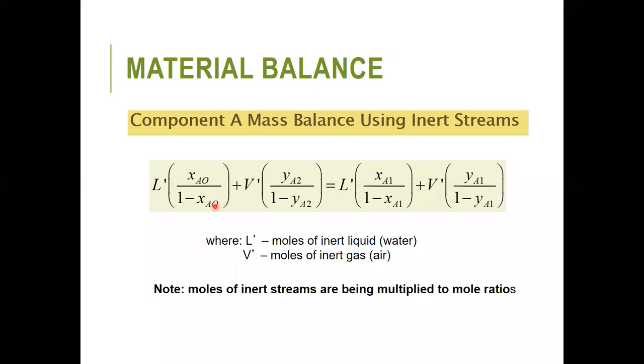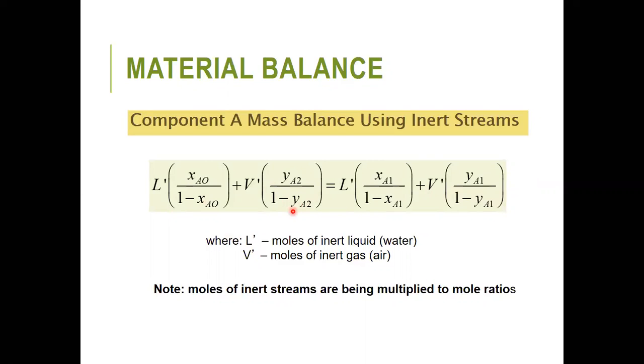So what we multiply to the inert parts this time are not the mole fractions, but rather the mole ratios. So if you notice our denominator here, for example, in this term is 1 minus XA0, which for a two-component system is just equal to XB0. Same thing with this one.